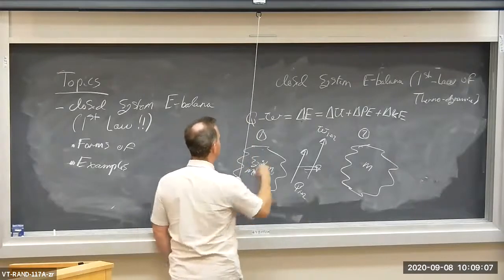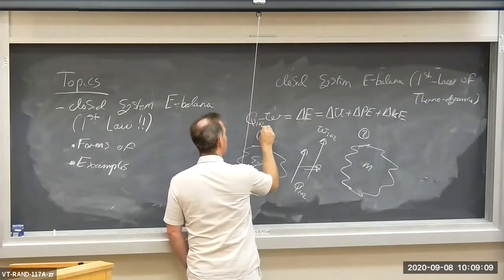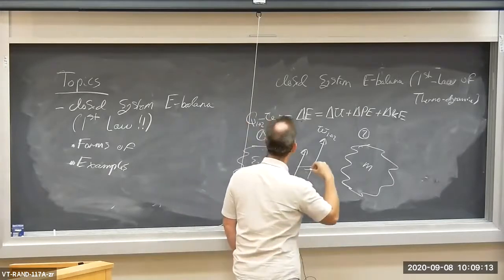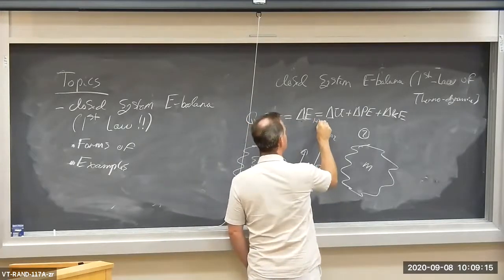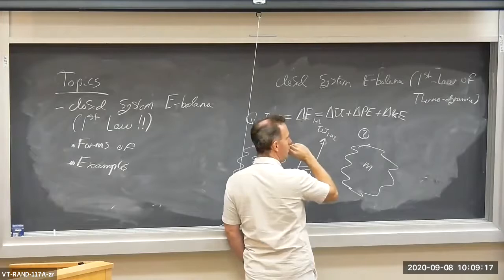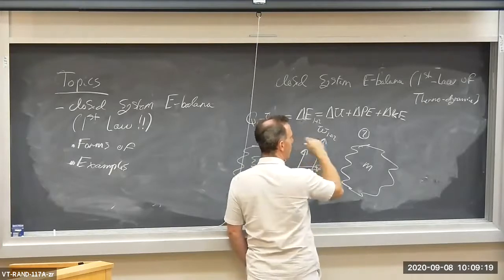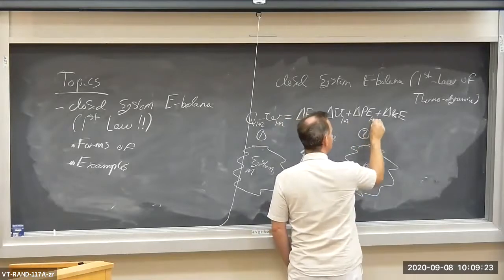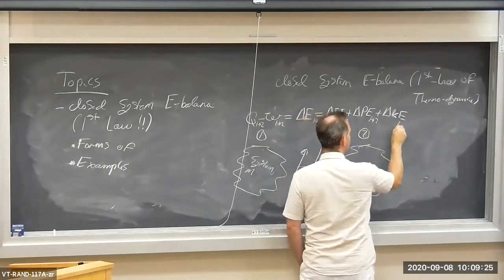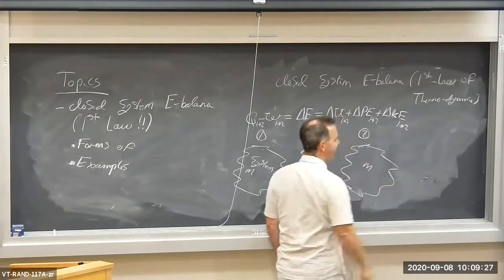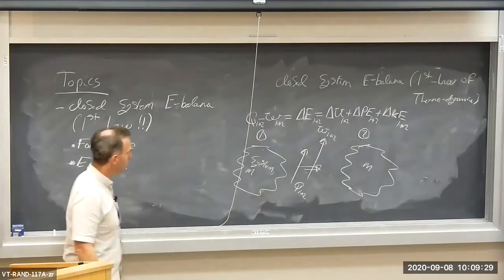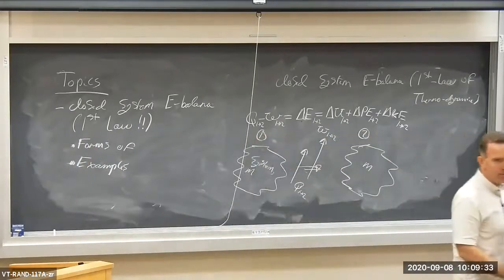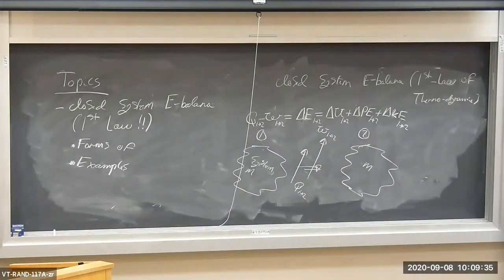So this energy balance for this system over the process will look like Q1 to 2 minus W1 to 2 is equal to the change in total energy from state 1 to state 2, which is the change in internal plus the change in potential plus the change in kinetic energy over the process. So that's the closed system energy balance applied to a system that moves between two states, state 1 and state 2.